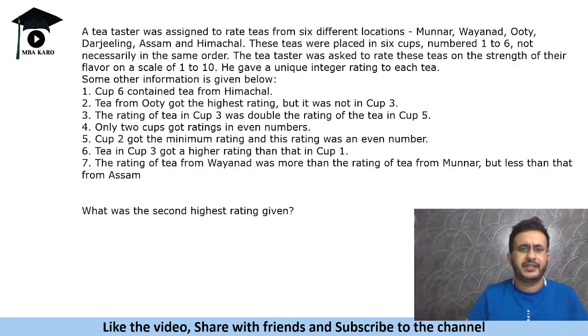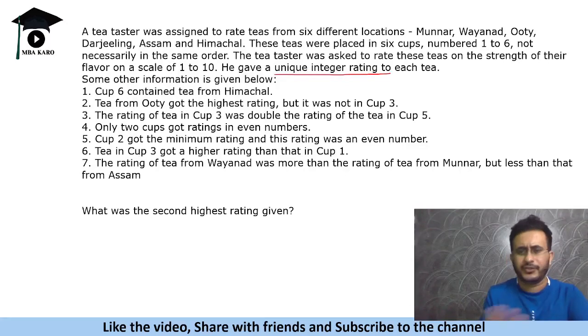It says that a tea taster was assigned to rate teas from six different locations: Munnar, Wayanad, Ooty, Darjeeling, Assam, and Himachal. These teas were packed in six cups, numbered 1 to 6, not necessarily in that order. And he gave a rating on a scale of 1 to 10, and a unique integer rating to each tea. Okay, now we are given certain information, right?